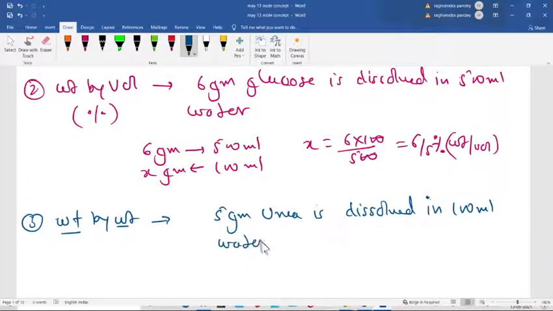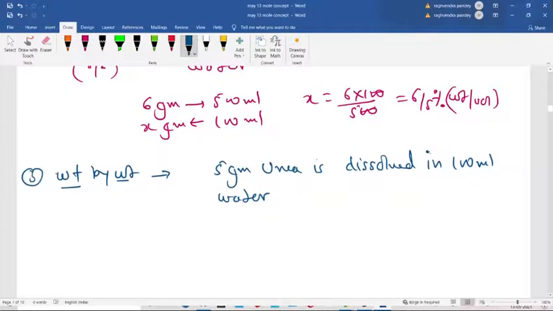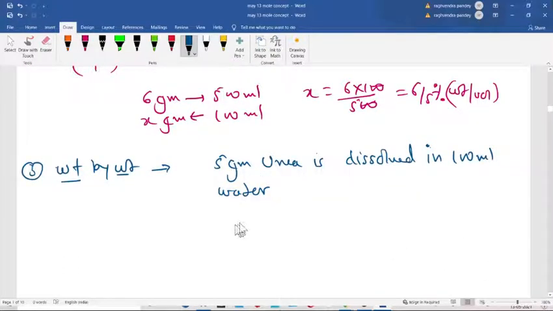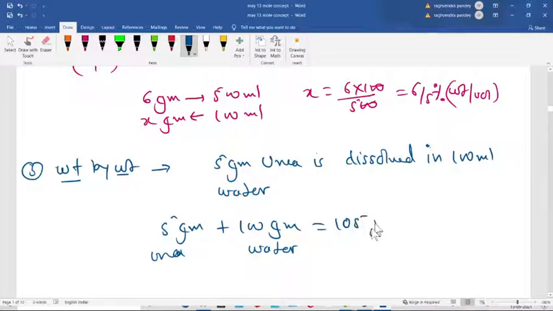In the case of water, the density is 1 gram per ml, so I can directly take 100 ml as 100 gram. So 5 gram urea plus 100 gram water: the total weight is 105 gram.